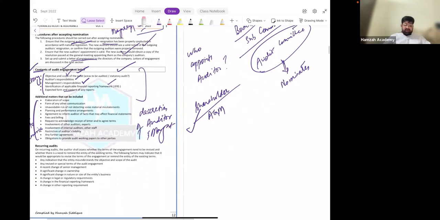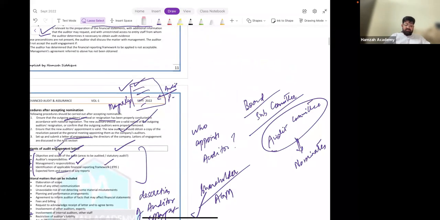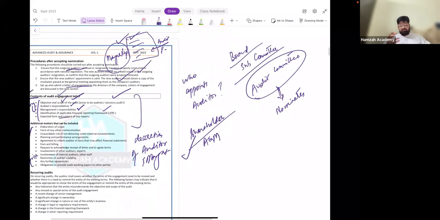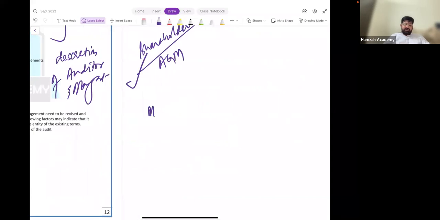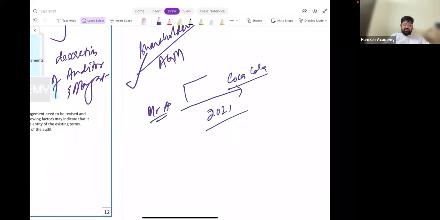But you see here, the engagement letter is being signed by the management representative. I told you, an audit committee member. Now listen, please. Students, Mr. A got appointed auditor of Coca-Cola in 2021. He audited, and he submitted an engagement letter at the start of the audit.